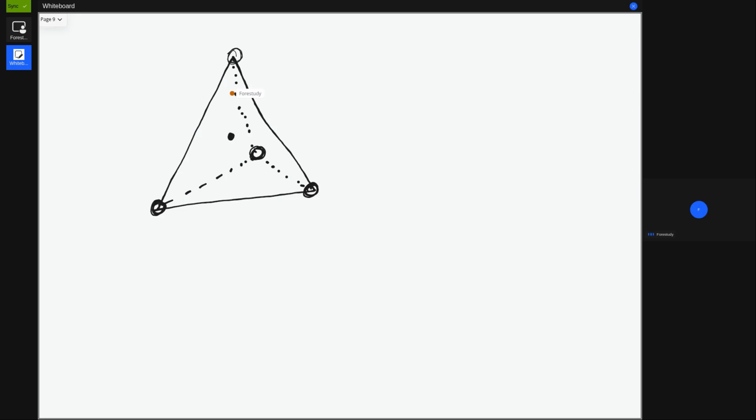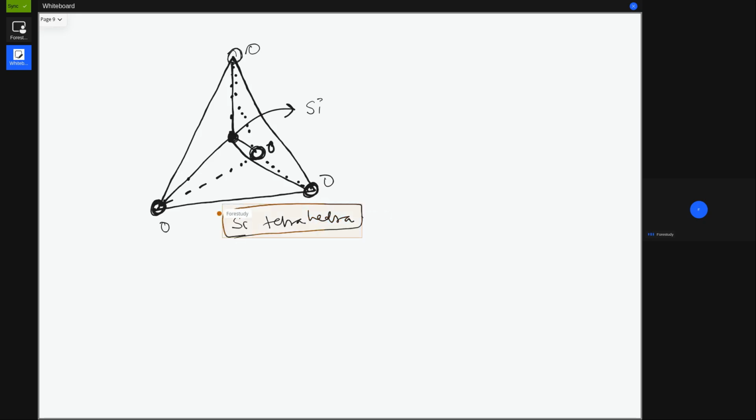This is how it is, and this will be connected with bonds to the central silicon. This is silicon, this is oxygen, oxygen, oxygen, oxygen. So this is a silicon tetrahedra. This is how it looks.